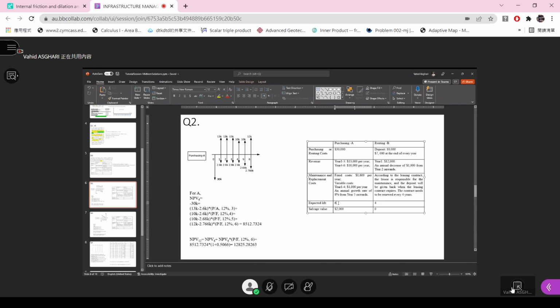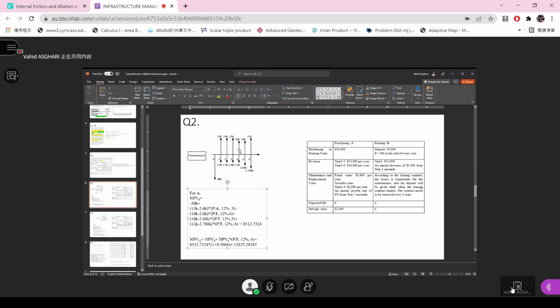Okay, no problem. Let's find the net present value. The net present value will be minus 30. And we will have to find the present value of all of these arrows. So the first 3 arrows, we can consider them as annual payments or annual revenue for 12% and 3 years.